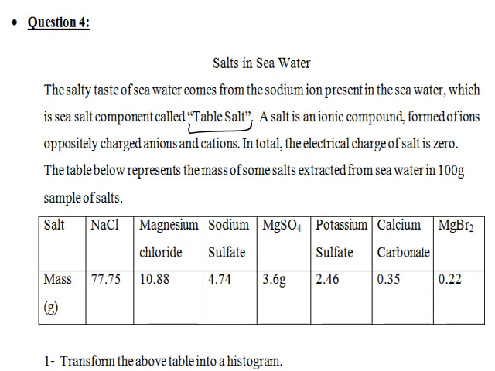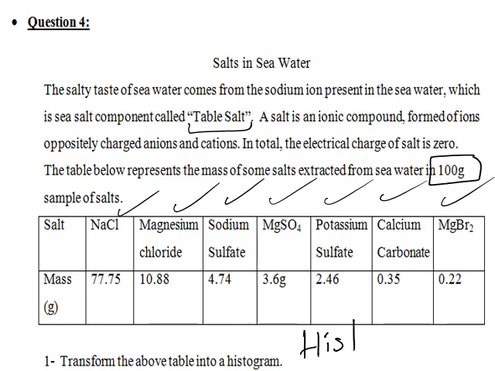The table below represents the mass of some salts extracted from seawater in 100 grams of sample of salts. Here we have salt: NaCl, sodium chloride, 77.5 grams, magnesium chloride, sodium sulfate, magnesium sulfate, potassium sulfate, calcium carbonate, and MgBr2, magnesium bromide. Transform the above table into a histogram. You have to draw a histogram.